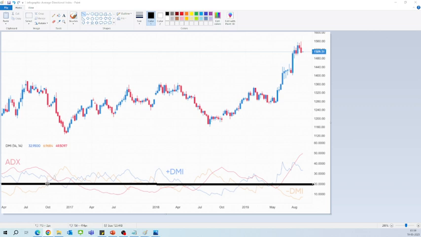if you see it crosses, the positive is above the negative, you will see that there is a rise and the signal is buy. Else, if the minus DMI rises above the plus DMI, it is the opposite.